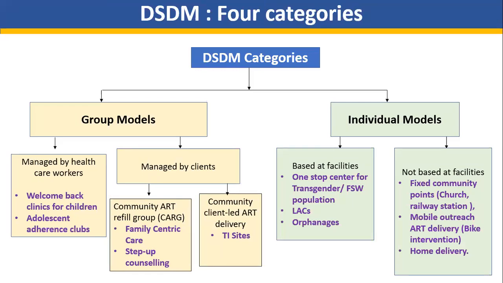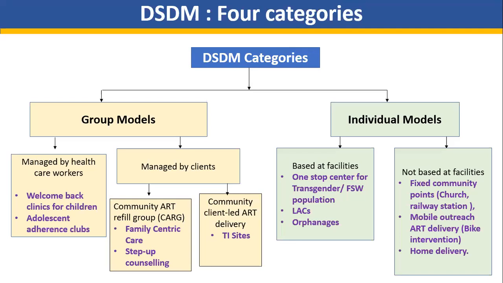So differentiated service delivery models could be an individual model or a group model. The group model can be managed by healthcare workers, or by the clients themselves; I have just given you examples of community ART refill groups, or community-led ART delivery sites. The individual model can be based at the facilities, at the linked ART center or orphanages, or a one stop center for transgenders or the key population.